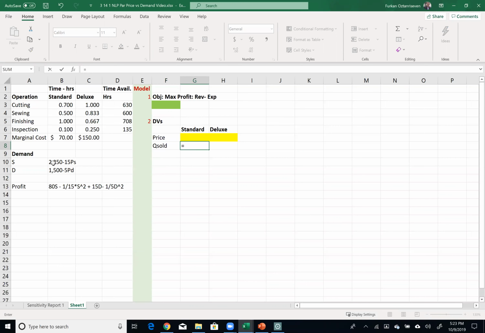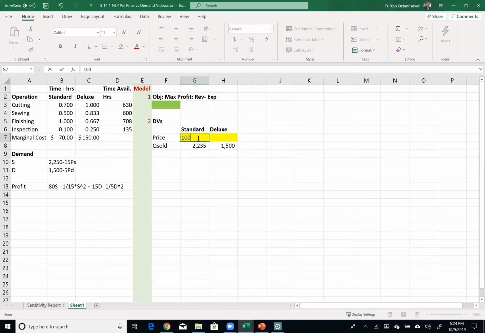Quantity sold for standard bags is 2250 minus 15 times price of standard bag, and for deluxe it's gonna be 1500 minus 5 times price of deluxe. So these are quantity sold, units or demands for my model, depending on price.